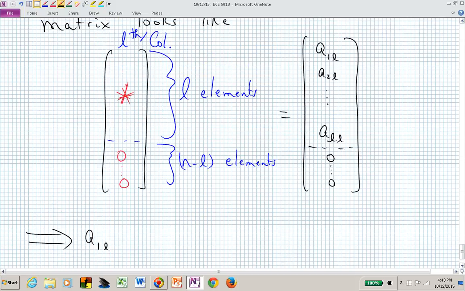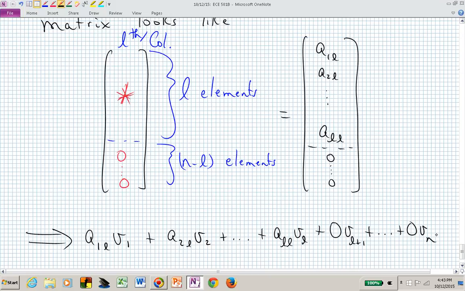That scalar is scaling V1. A sub 2L is scaling V sub 2. And that just keeps going. I have plus a sub LL times V sub L plus 0 times V sub L plus 1 plus 0 times V sub n.